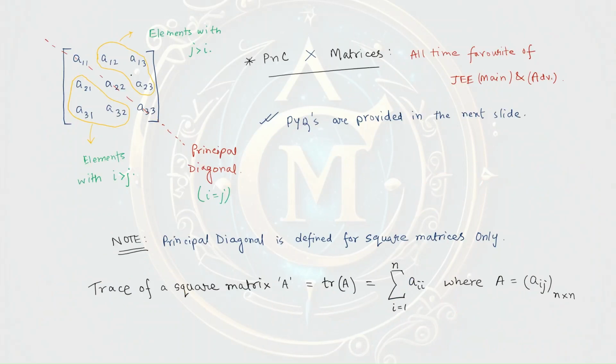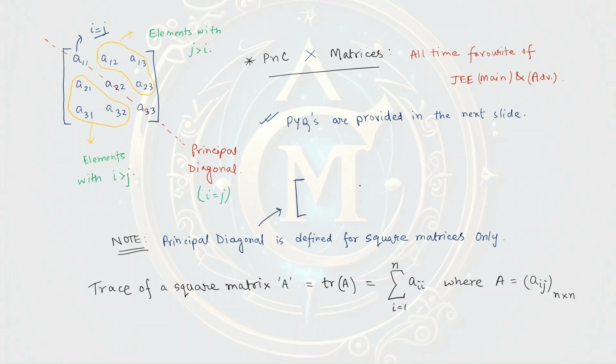Now coming to this part, the principal diagonal is defined by the elements where i is equal to j. These elements correspond to j greater than i, where the column number is greater than the row number, and these elements correspond to i greater than j, where the row number is greater than the column number. So keep this in your mind. Now, an important point: the principal diagonal is defined for square matrices only. You can see why.